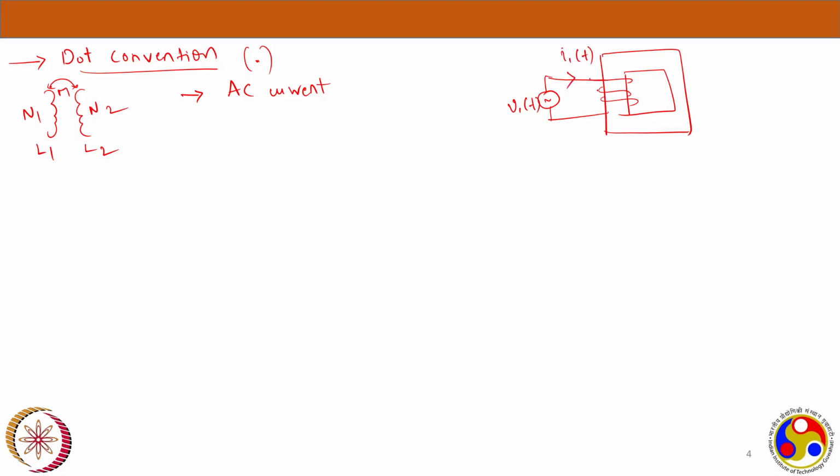Because of this current, a time varying flux will be generated, which I am calling phi m1 of t. If there is a secondary winding here, and some current needs to be reflected in the secondary, I need to connect a load. Let's say I have connected a load here.